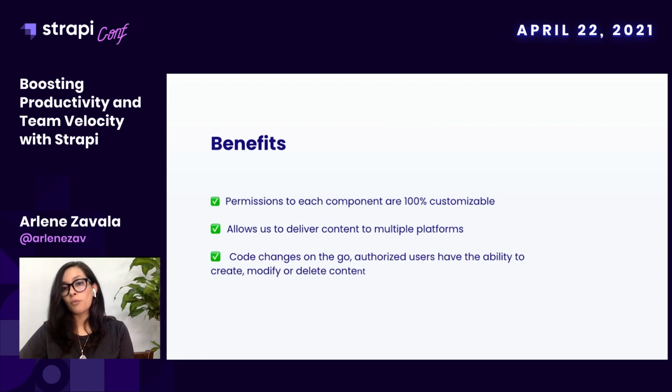That is something that we enjoy the most, because that is not limiting us to certain applications, but we can pull the data from Strapi and insert it somewhere else. And code changes are on the go, so authorized users have the ability to create, modify, or delete content that they have access to.